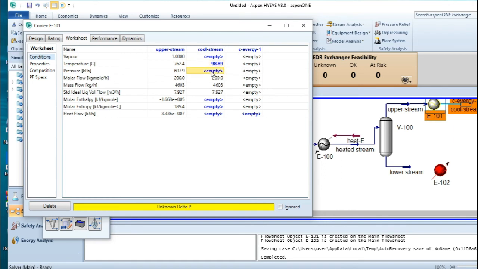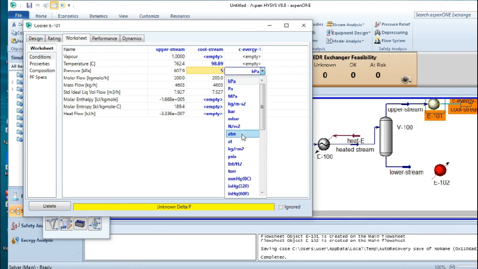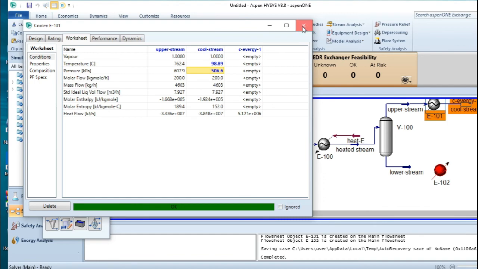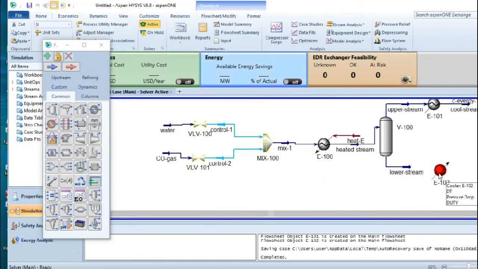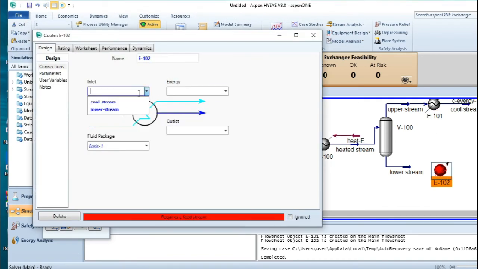Let's say the pressure to be 5 atm. That is lower.